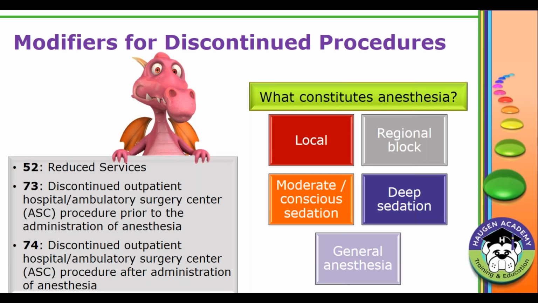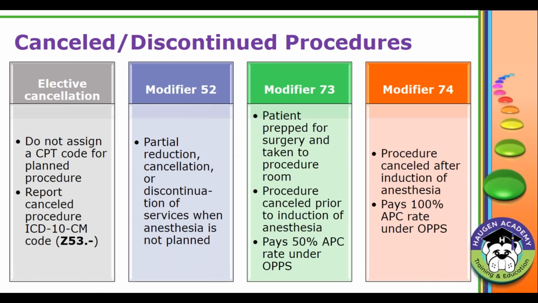That pretty much covers everything. So you can see that there probably aren't a whole lot of times that we're going to be using modifier 52, because most procedures that we do in a hospital setting do require anesthesia. Now I realize that there are some things in radiology where they may not give even a local, and that's where you would be seeing modifier 52.